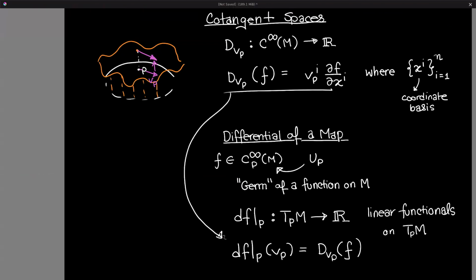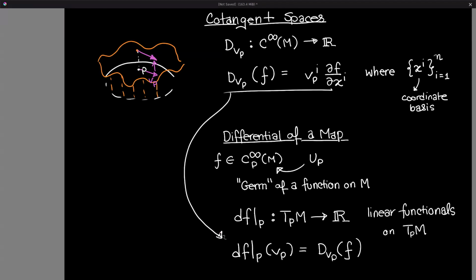So what is the change that we made so far? This differential stores the change in every direction of f, right? That's what this map contains. When we give it a vector v_p, what we've done is that we've told it, please give me the directional derivative in this direction.